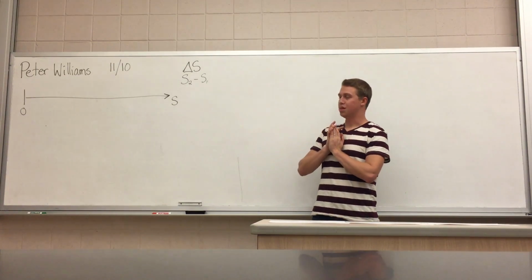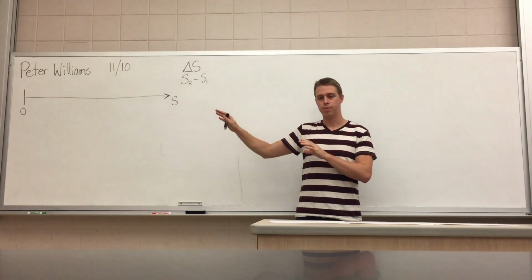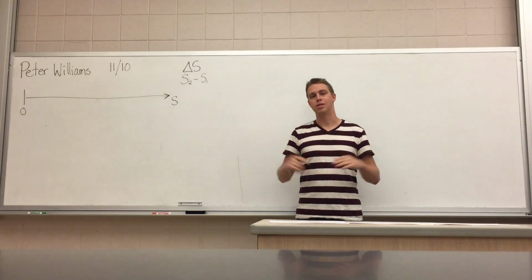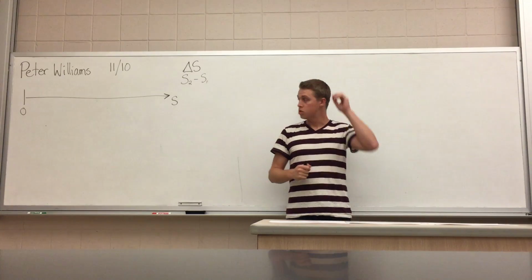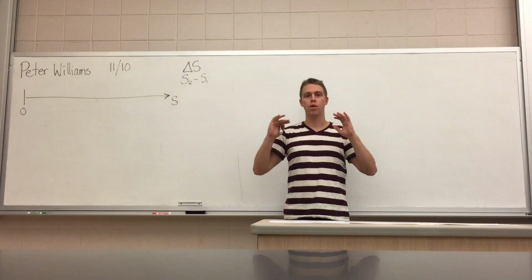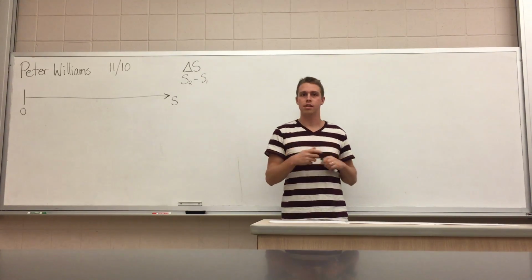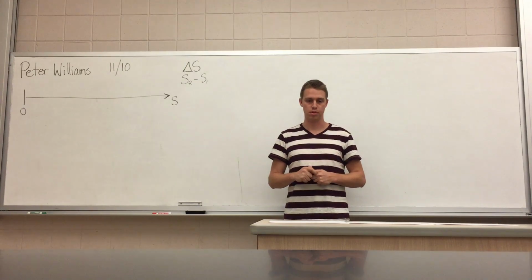So there's going to be some idea that at zero entropy, there's like zero disorder. So what we want is to come up with a definition for what zero entropy means that sort of takes into account both of those principles.